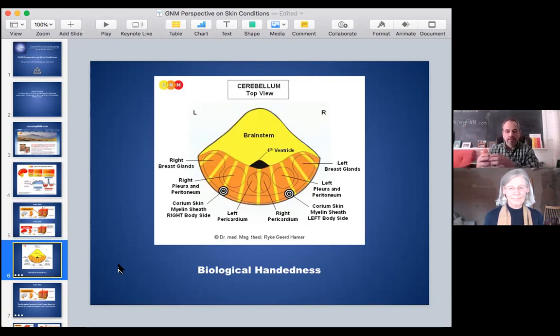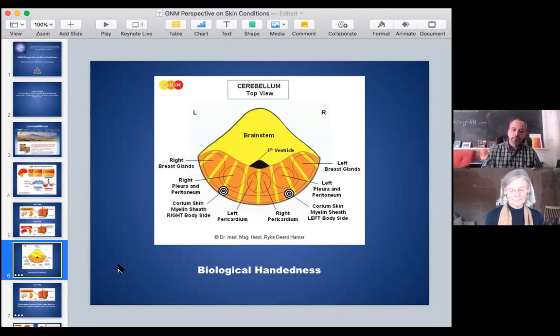The brain is the intermediary component that connects the psyche with the body. And what Dr. Hammer has brilliantly done over the years, using the CT brain scan, is map out the brain and all the control centers for all the different organs and tissues of the body.